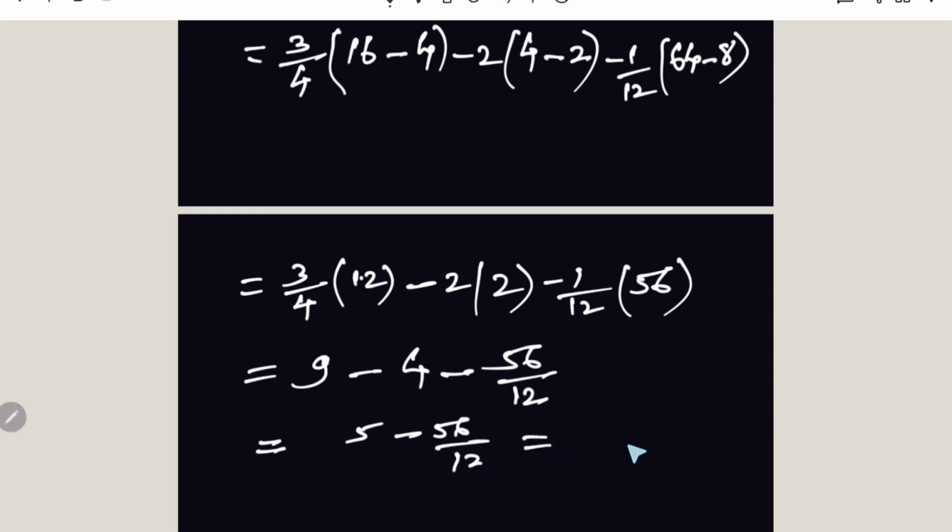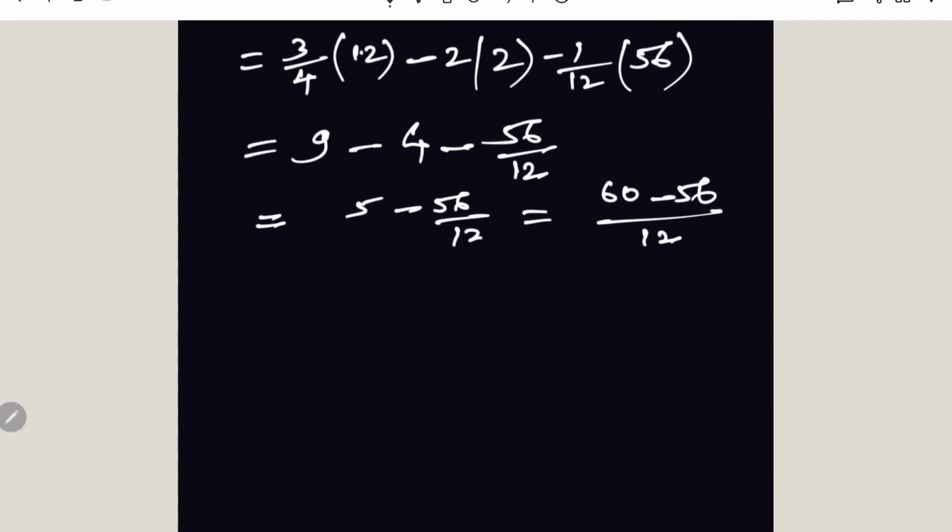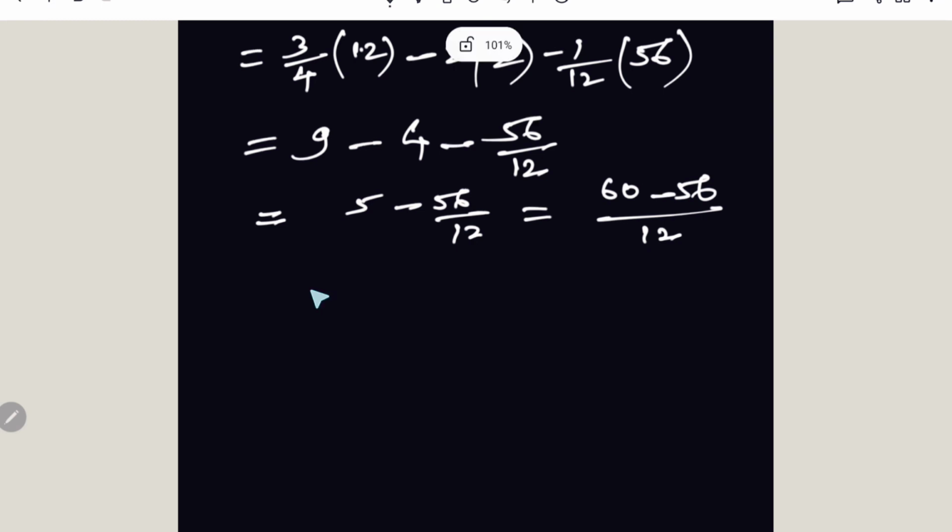Cross multiplying it by 12 or finding LCM, we get 5 twelves are 60 minus 56. 60 minus 56 we get 4, and divided by 12. Therefore, the value is, dividing by 4, we get 1 by 3 as the required area.